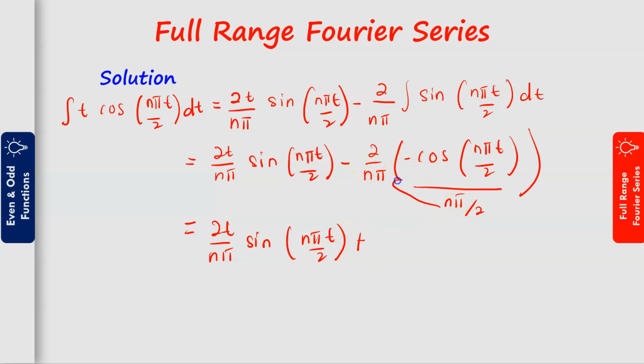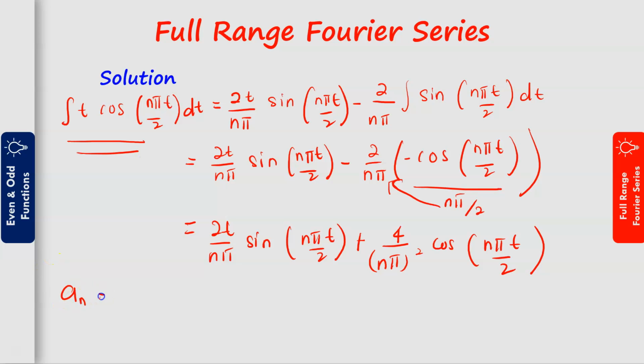This one we move up, so we have 4 over n pi to the power of 2 cos n pi t over 2. And class, remember that this is just the first part of a n. If we substitute all this into a n, we have 1 over 2.